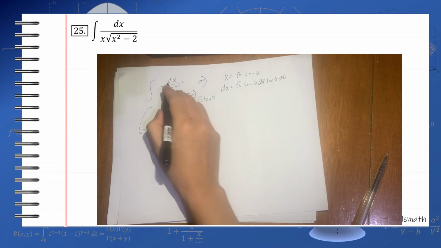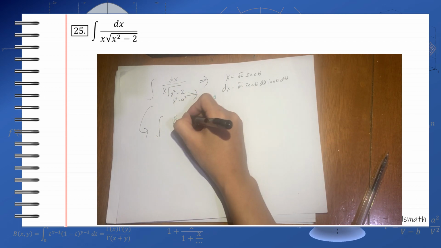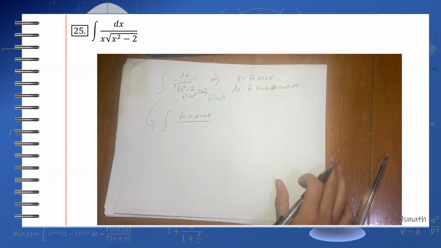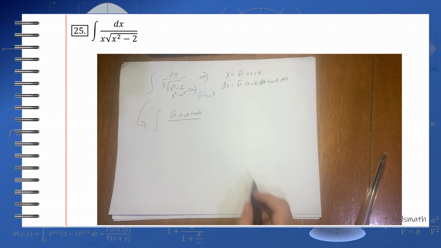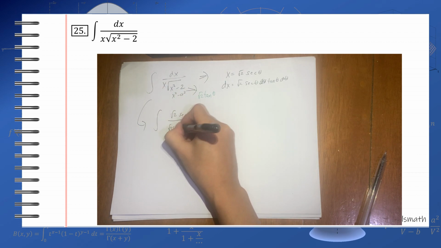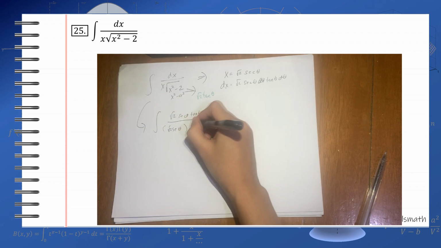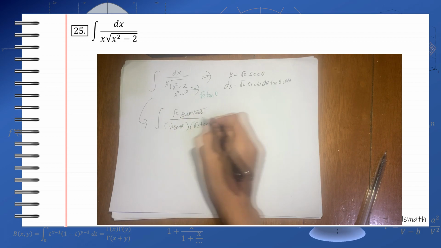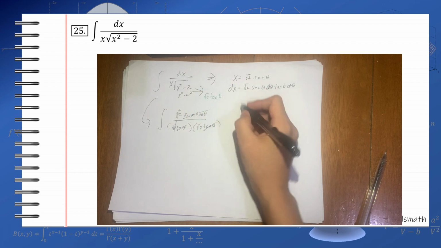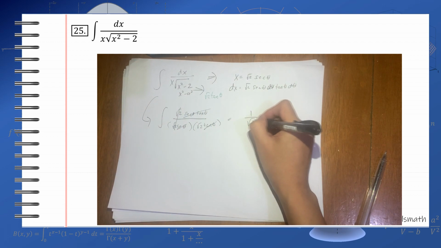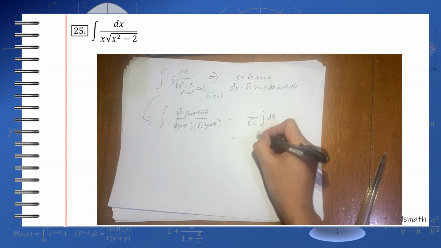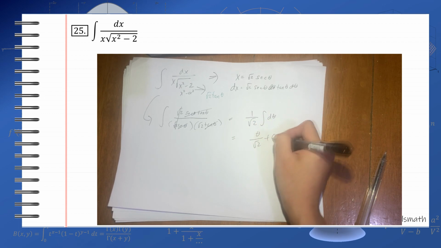So again, this one becomes square root of 2 secant theta tangent theta over x, which is square root of 2 secant theta times square root of 2 tangent theta. This cancels out, this cancels out. So we are left with 1 over square root of 2 integral of d theta, which we know to be equal to theta over square root of 2 plus c.